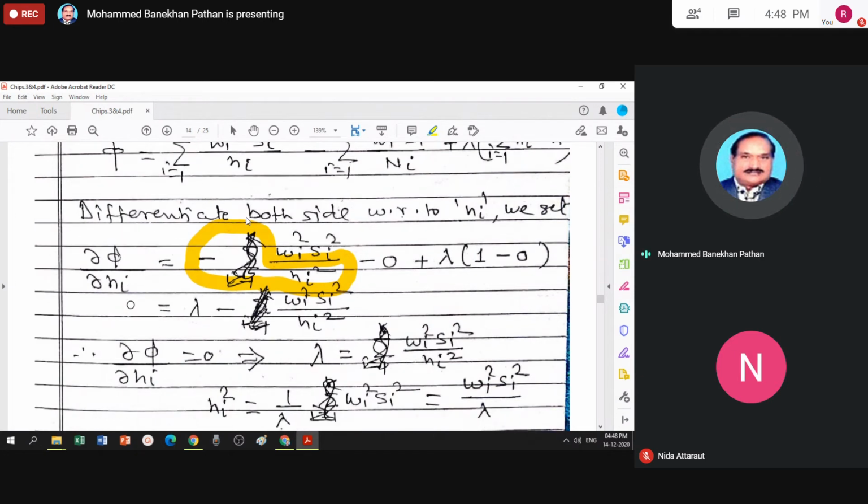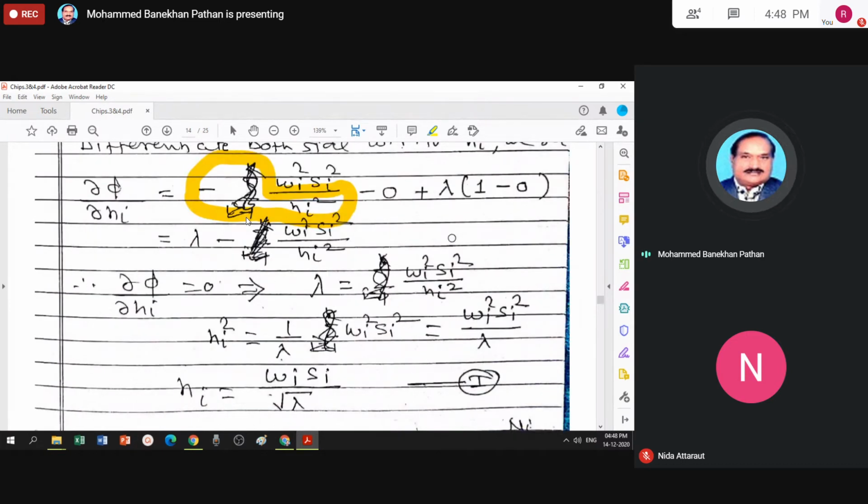So next line, lambda into 1 is lambda minus Wi square Si square upon Ni square. I equate this differentiation to 0, that means this equal to 0. So you get naturally lambda equal to Wi square Si square upon Ni square.